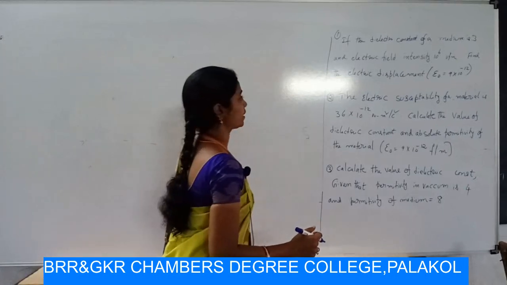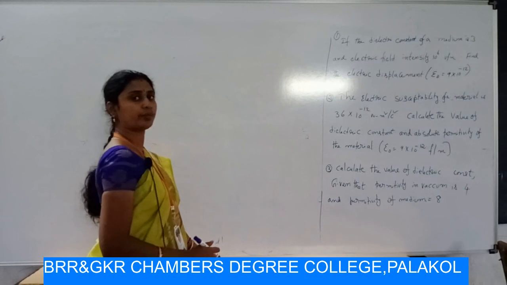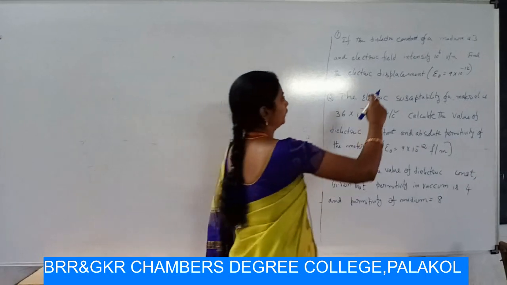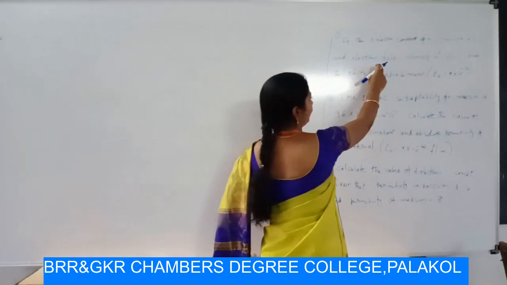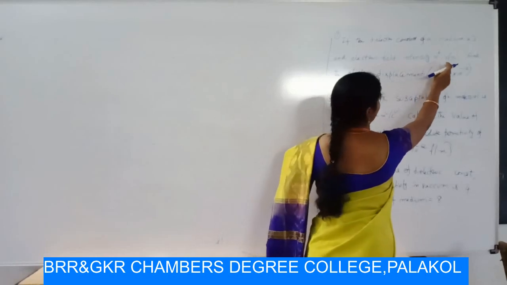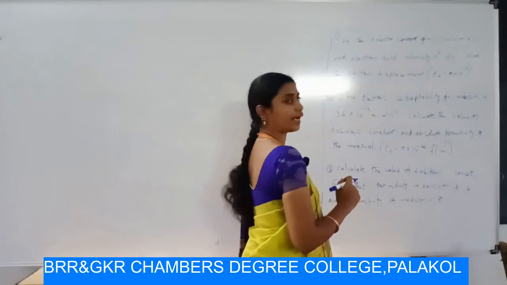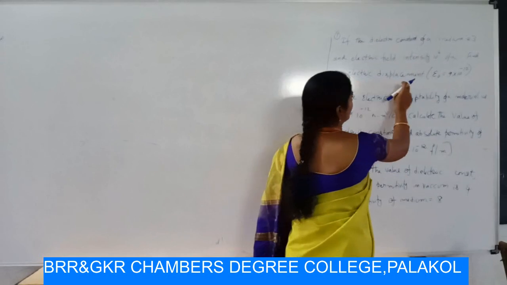Here our problem is: if the dielectric constant of a medium is 3 and the electric field intensity is 10 power 6 volt per meter, find the electric displacement.